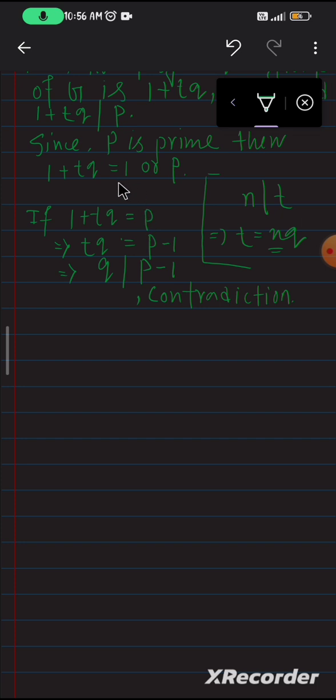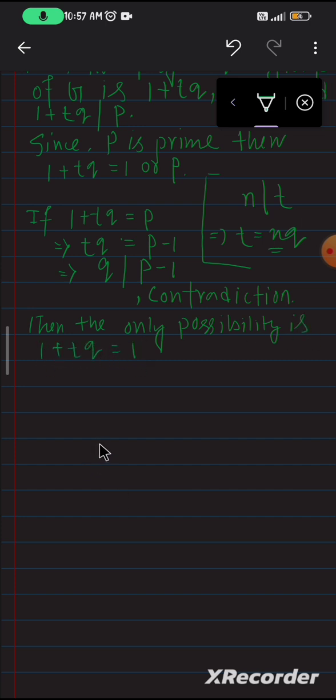So see, there are two possibilities: 1 plus TQ equal to 1 or P. So 1 plus TQ is not equal to P. So the only possibility is 1 plus TQ equal to 1.